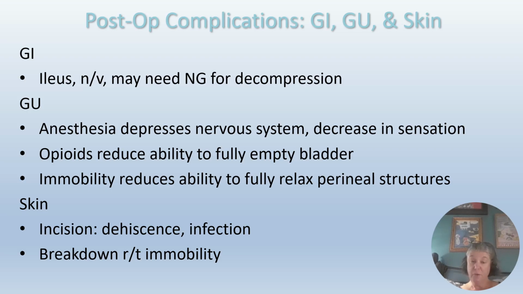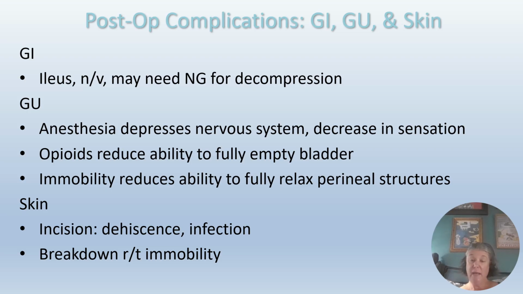GU, we worry about opioids and anesthesia on the bladder, right? Because don't forget that all of those medications, especially if our person was under a general, affect all the muscle systems, and that includes the bladder.